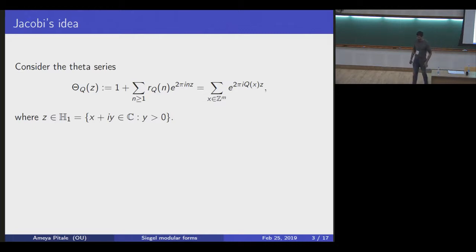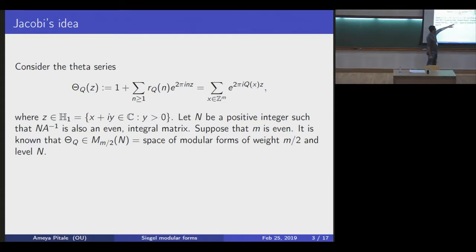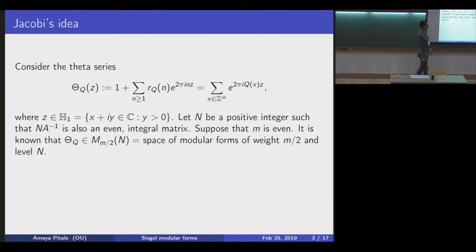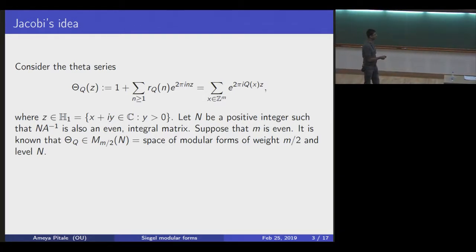You can do this in general, and then the idea is that this thing that you defined artificially on the upper half plane has these infinite symmetries. It's actually a modular form. It's a modular form of weight m/2 and level N, and N has something to do with the matrix A that you started with. So N A^(-1) is also an even integral matrix.